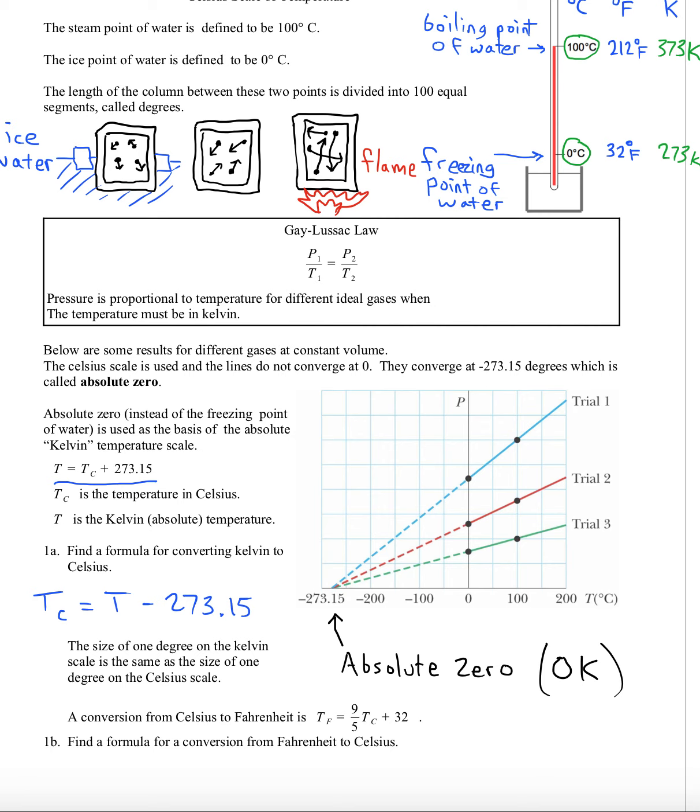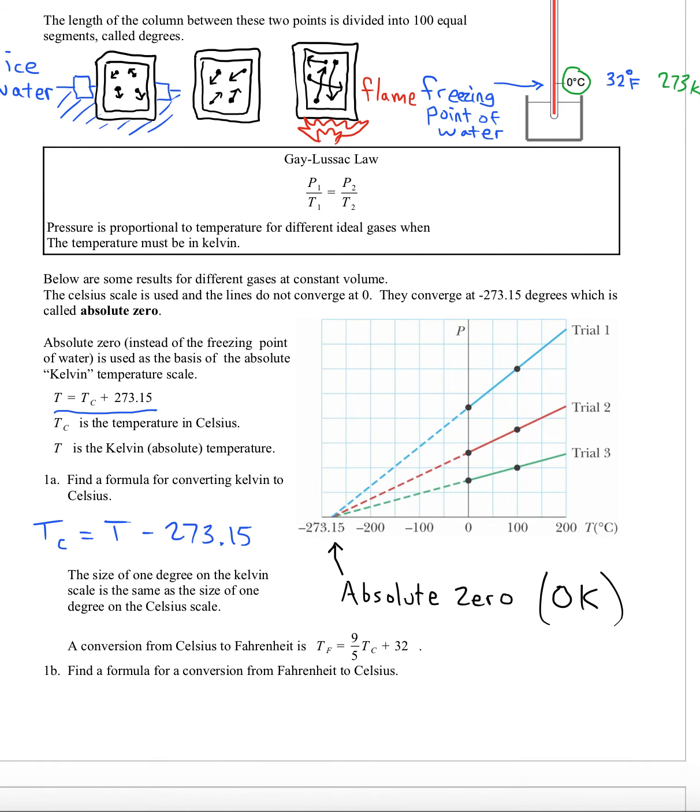There's also a little bit more complicated formula for converting between Fahrenheit and Celsius. This says the temperature in Fahrenheit is 9/5 the temperature in Celsius plus 32. Can we use algebra to convert Fahrenheit to Celsius? The first step would be to subtract 32 from both sides.